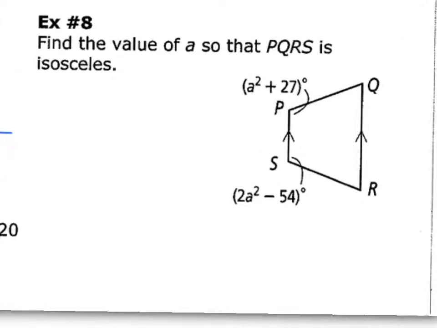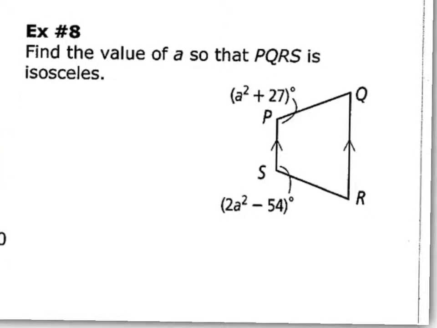Last one on this page. We want to find the value of A so that PQRS is isosceles. Remember, these two things are going to be congruent, so we're going to have to set up an equation. We have A squared plus 27, set equal to 2A squared minus 54. Let's get all the variables on one side. I'm going to subtract A squared on one side.